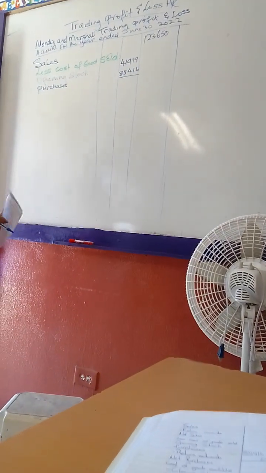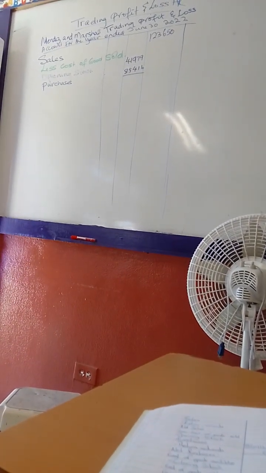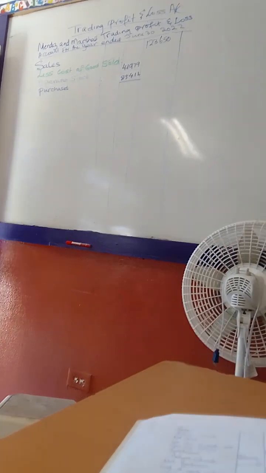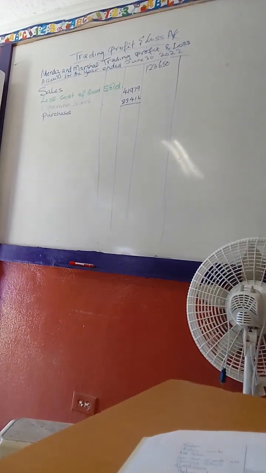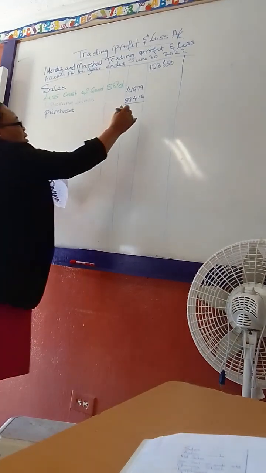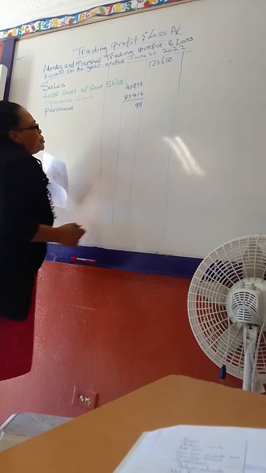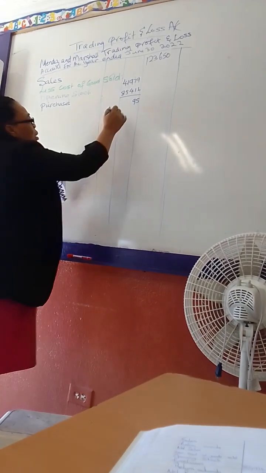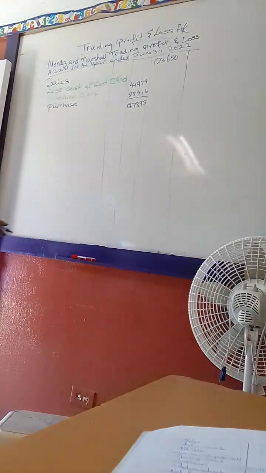So I'm going to put 85,416 right here. Now I'm going to add those two, because we didn't have any adjustments. What do I get when we add those two? Calculators at work, please. 9 and 6, 15, 5 carry 1. The total is 127,395.